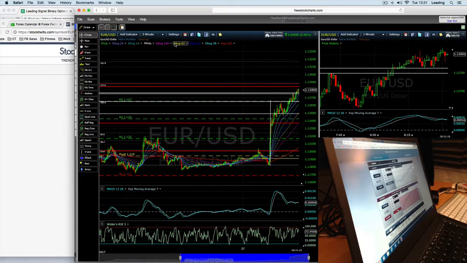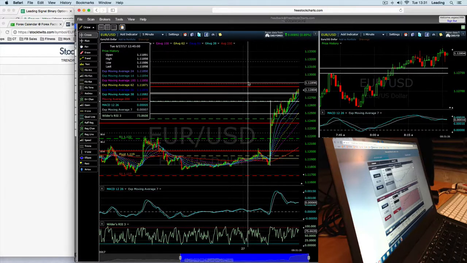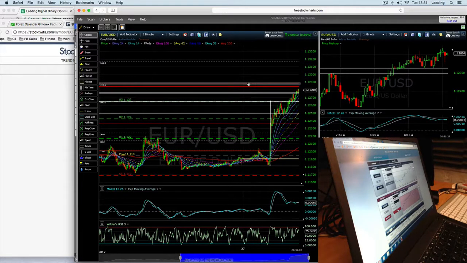So ideally this is going to just swing up now. Swing up to 1.29 and then get in there.